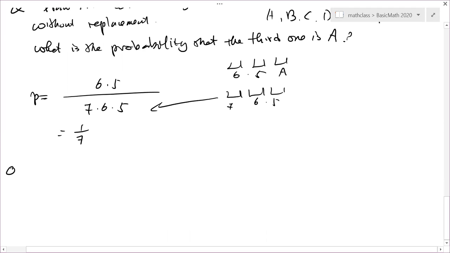All right, so our next problem is: there are 2 girls and 3 boys in a class. 5 students sit in a row.